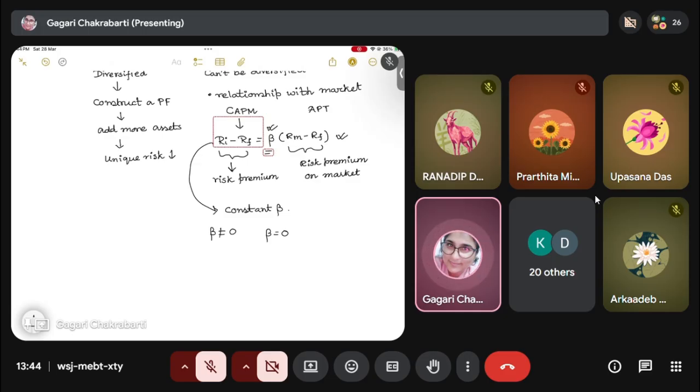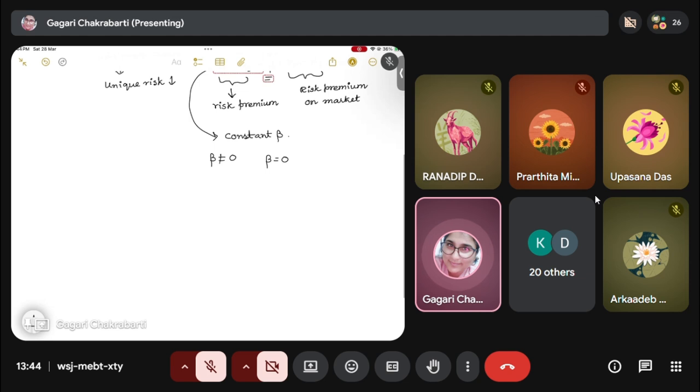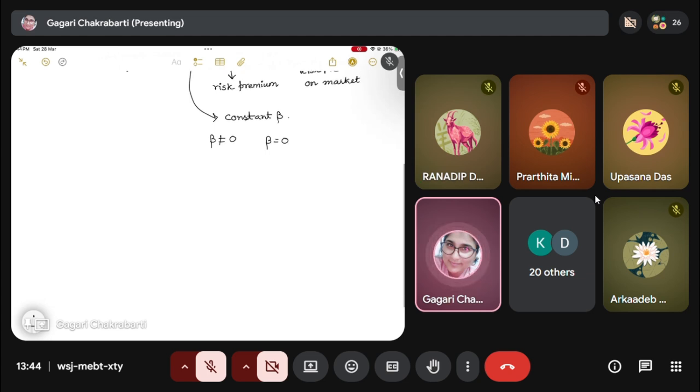আরে তুমি এরকম একটা অ্যাসেট বার করে ফেলেছো where beta is equal to 0, তাহলে তো nothing like it. You can always go for this type of asset. But unfortunately, you will not be getting beta equal to 0. So usually beta is statistically significant. তখন তাহলে আমরা কি করি?